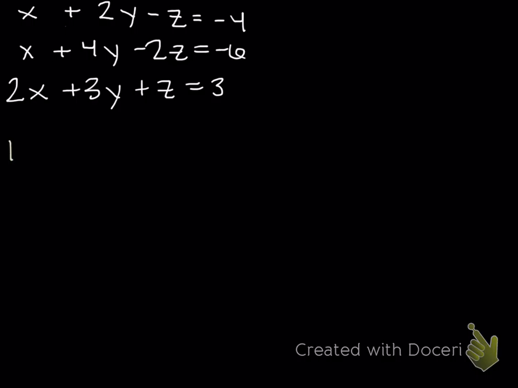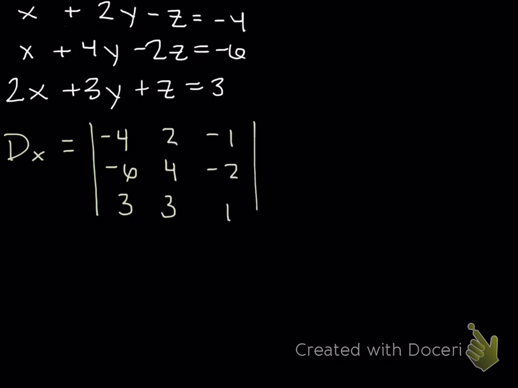So now we need to go up and set our dx. We know that the x values get taken out, and I put the answers in the x spot. And now I finish the matrix as normal. So now we're going to calculate the determinant.